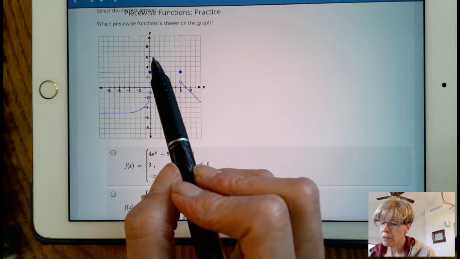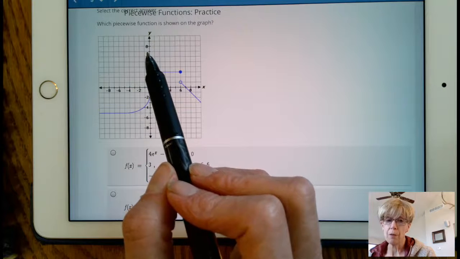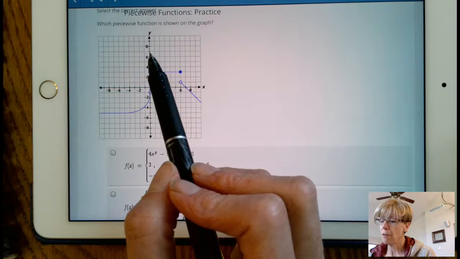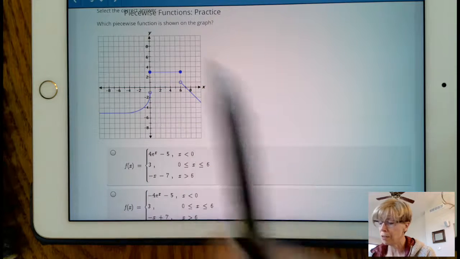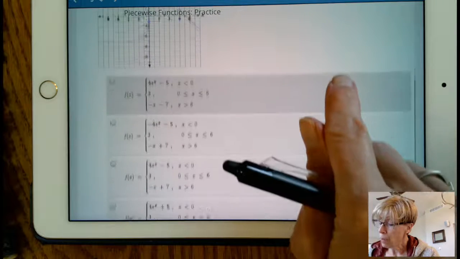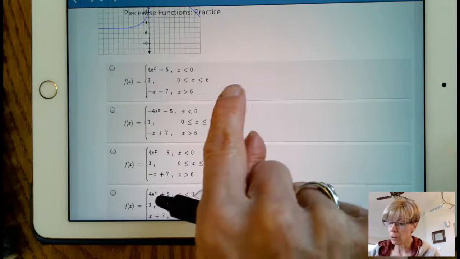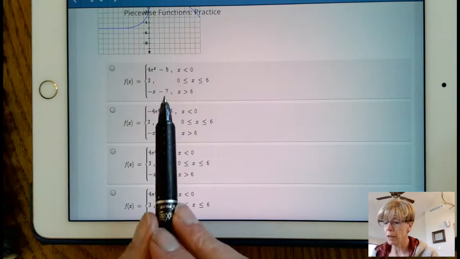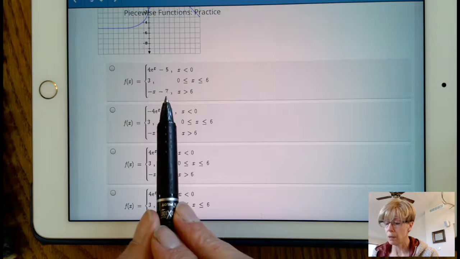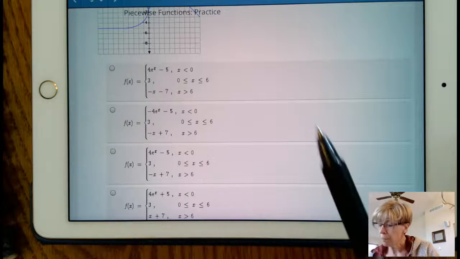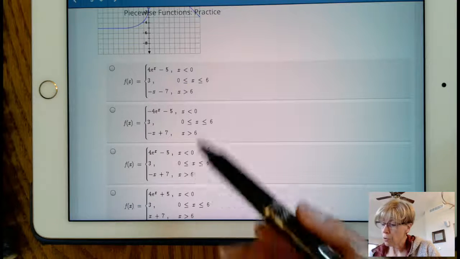And what I see as I go up 1 to the left, even though it's not going to be in our domain, is that if we were to extend this, we'd get positive 7. So now we can narrow down our answer. It's not going to be this one because our y-intercept is not going to be negative 7 if we extended that ray. So now we're down to these two.